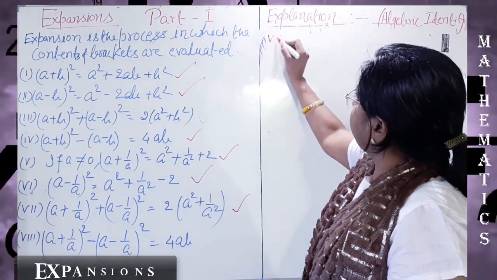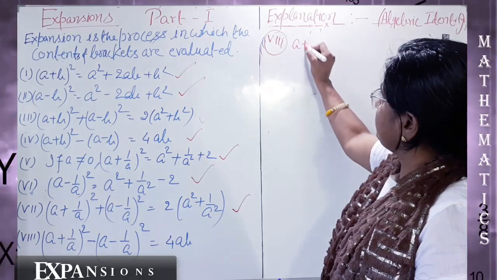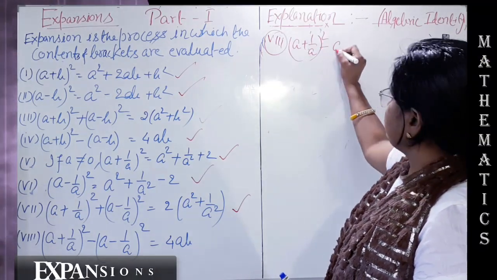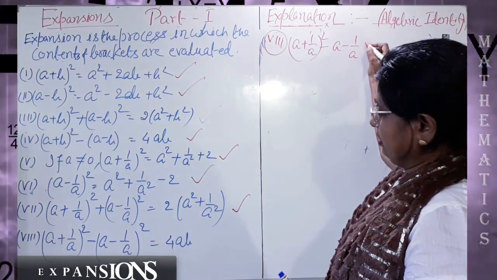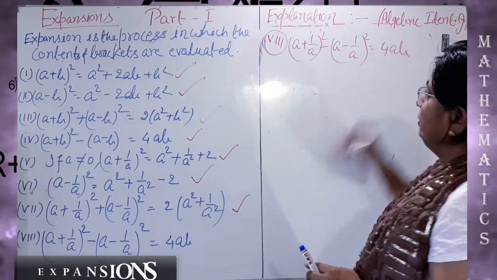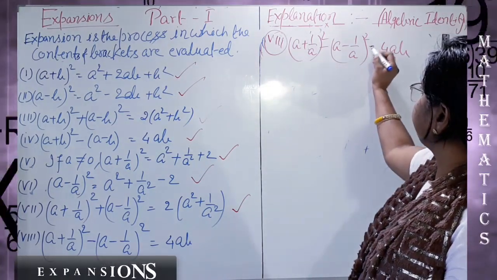Eighth number is a plus 1 by a whole square minus a minus 1 by a whole square is equal to 4ab, that we have to prove.